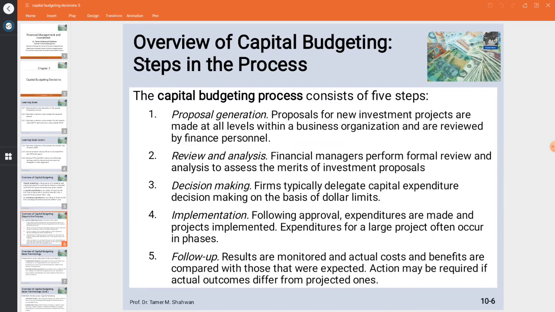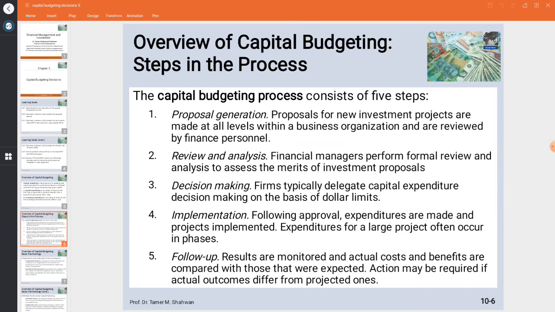When we support such a process, we move through the following steps. These steps are called the capital budgeting process. The capital budgeting process consists of 5 steps. Step number 1, proposal generation.